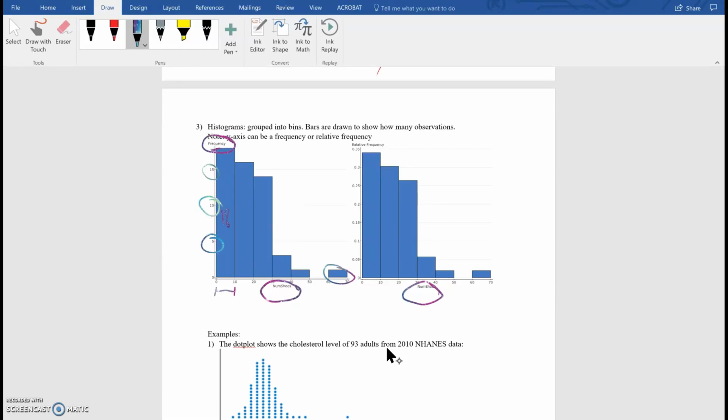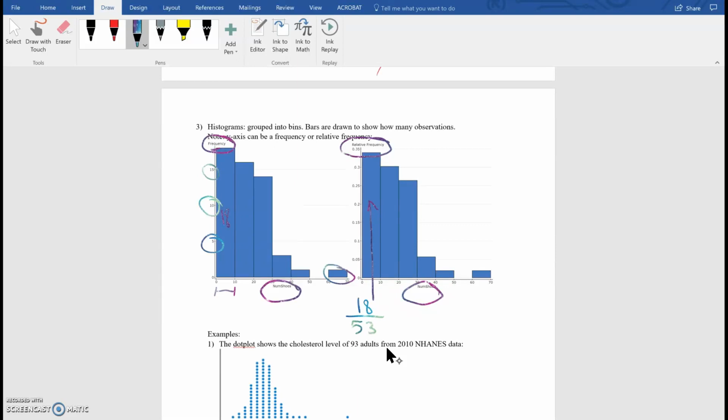Whereas here is the same exact shape. It's the same histogram. The only thing is that we do it in relative frequency. Relative frequency is when you take the number of people in the bin, in this case 18, and divide it by the total number of people that responded. I think the total is 53 or 54. I'm not sure.